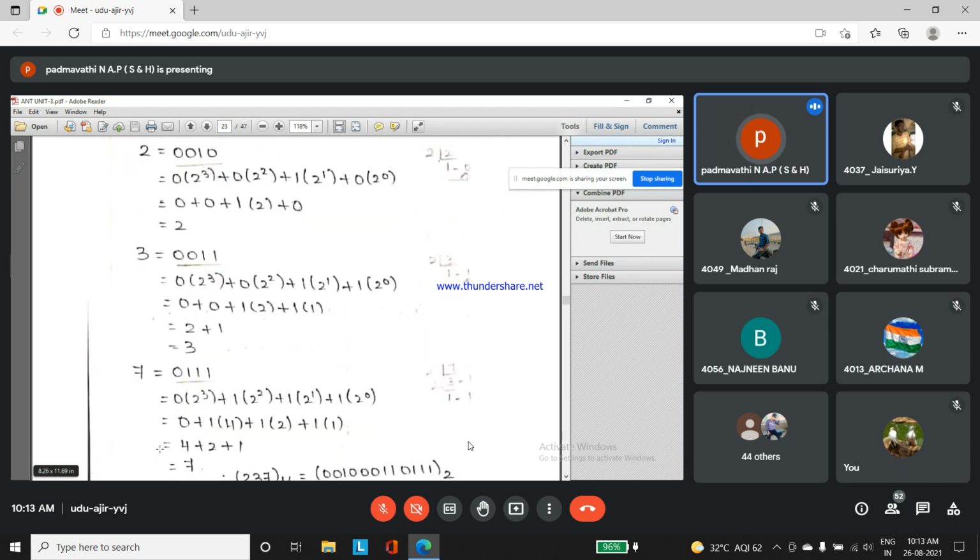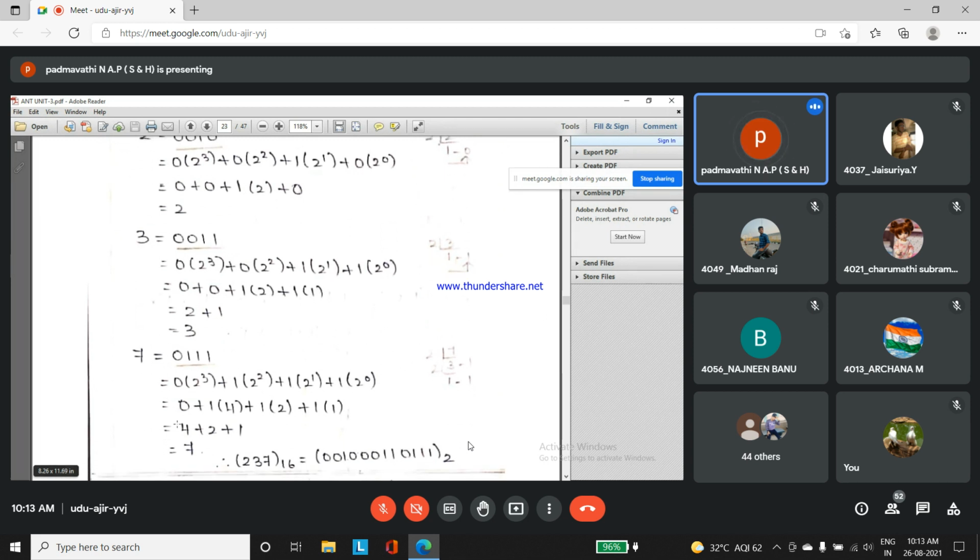Then also find it for 7, the hexadecimal number 7, converted to binary by dividing by 2. 3 twos are 6, remainder 1, then again divide by 2, 1 twos are 2, remainder 1, so 1 1 1.